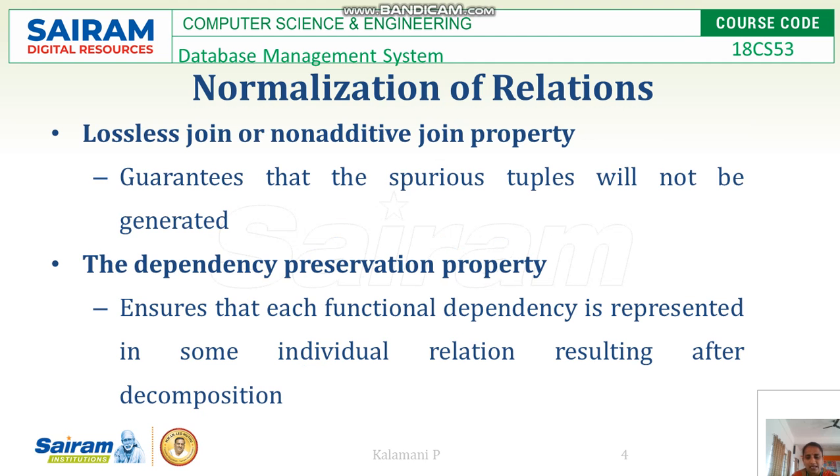After splitting, when we join again with the help of natural join, it should not generate spurious tuples. That is the main thing. The dependency preservation property ensures that each functional dependency is represented in some individual relation resulting after decomposition. It has to preserve the functional dependencies.